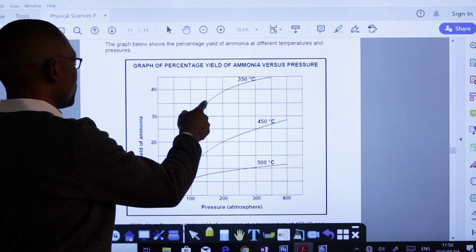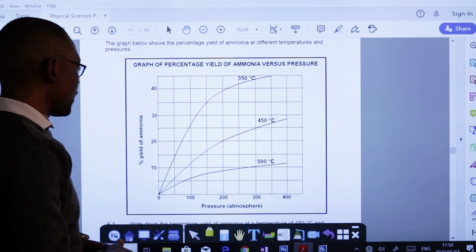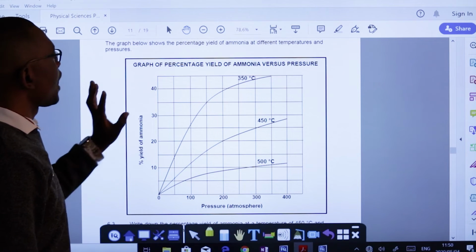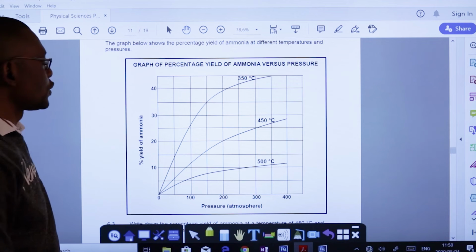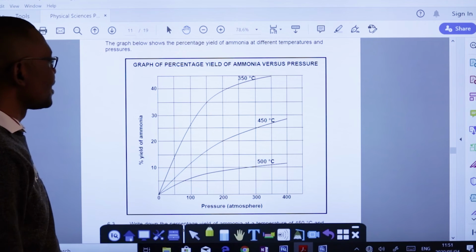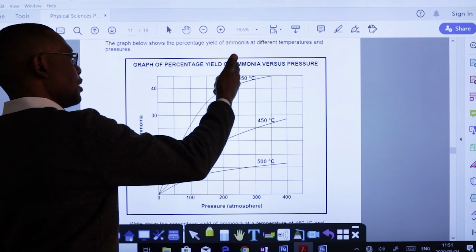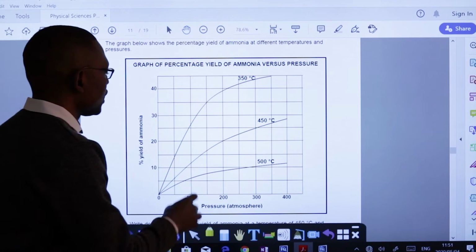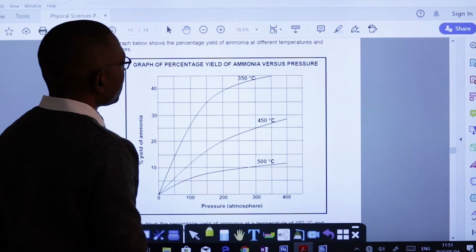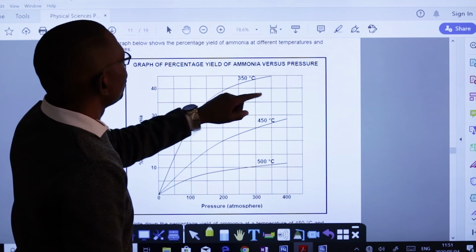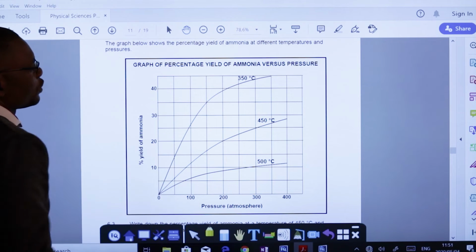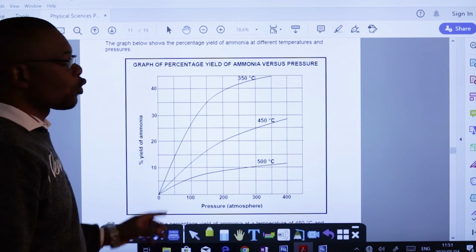We had a percentage yield of 35%, and this percentage yield tells us how much of the ammonia was produced. So for you to carry out a simple calculation of the Kc, we can easily find it by drawing a tangent at this point, like that, and then calculating the gradient of this. Then you compare with the quantities of the ammonia produced under these conditions, and convert all those to concentrations.